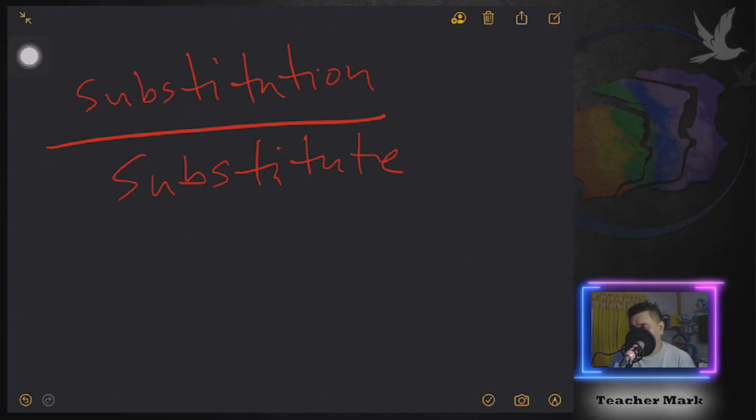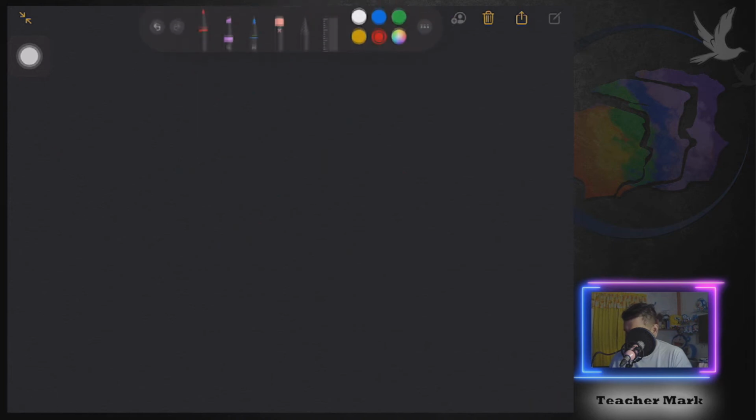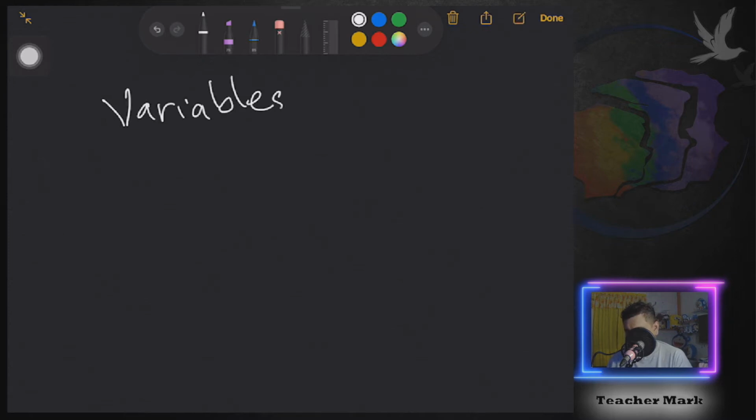And we substitute the values of what? Variables. Okay, knowing that variables are what? Variables are unknown.